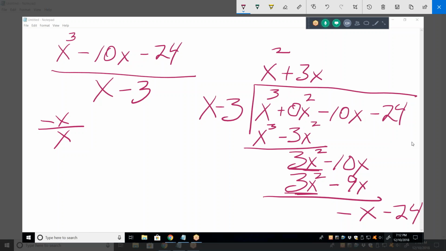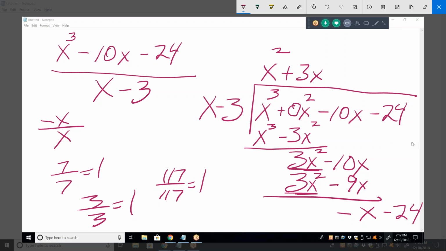Okay. Anything divided by itself, 7 over 7 is 1, 3 over 3 is 1, 117 over 117 is 1. So x over x is 1. Minus 1 because one of them is negative. So this is minus 1. Next step?